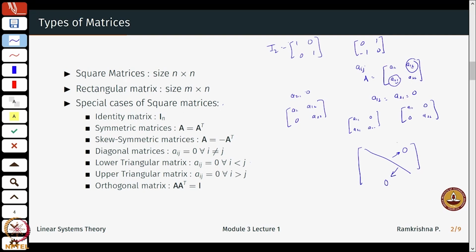So, this is lower triangular, and this is upper triangular. And of course, the last thing is an orthogonal matrix where A transpose A is the identity of appropriate dimensions. Whenever we just say identity, we will make sure that we are working with the appropriate dimensions. Specifically, when I need n, I will say I_n is the n cross n identity matrix.